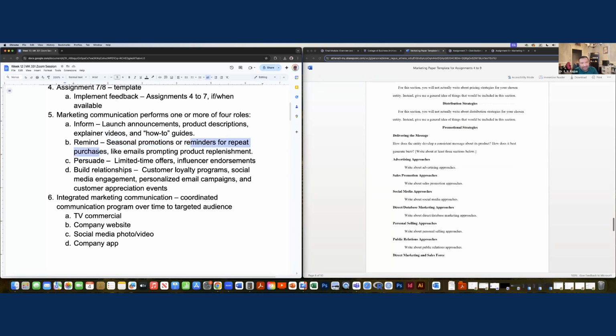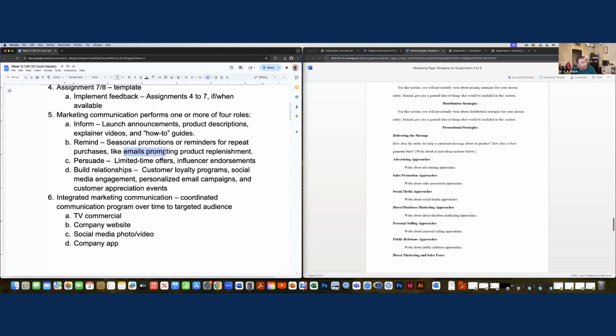They might say, hey, it's been 3 months since you were here, you need to replenish whatever product it is. You might also get, so a common way for them to get to you would be emails. Yeah, right there. Emails prompting product replenishment. So that's an example of a promotional strategy.